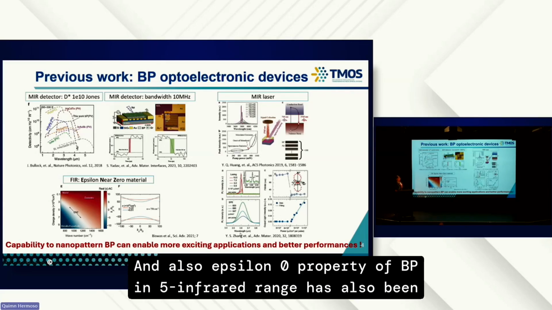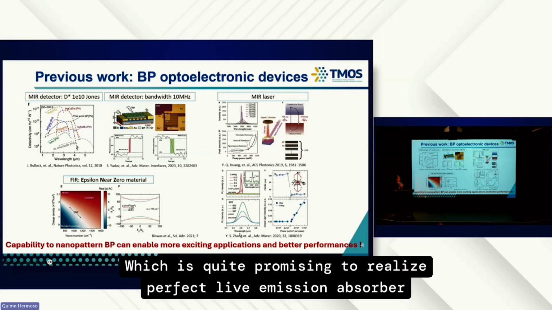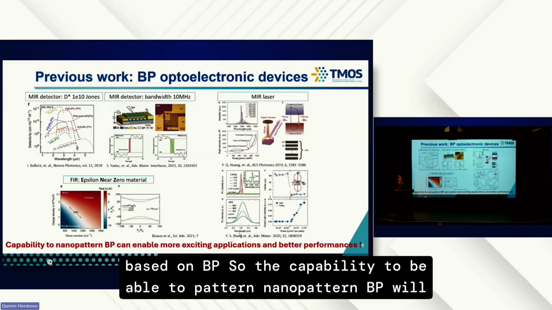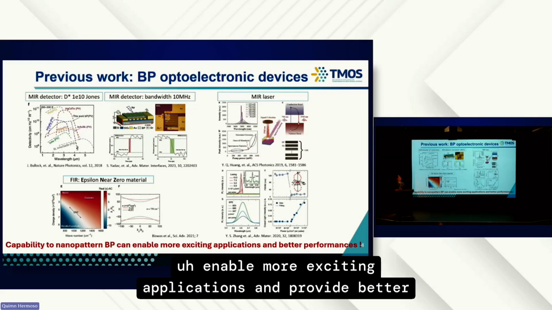Also, the epsilon-near-zero property of BP in the far infrared range has been found recently, which is quite promising to realize a perfect light absorber based on BP. So the capability to nano-pattern BP will enable more exciting applications and provide better performance.